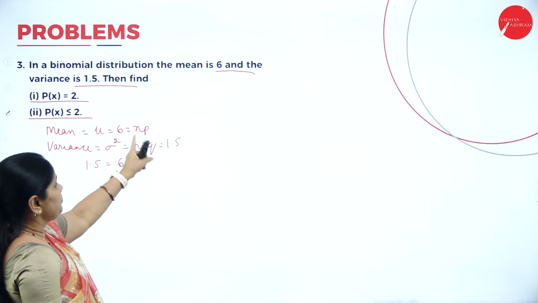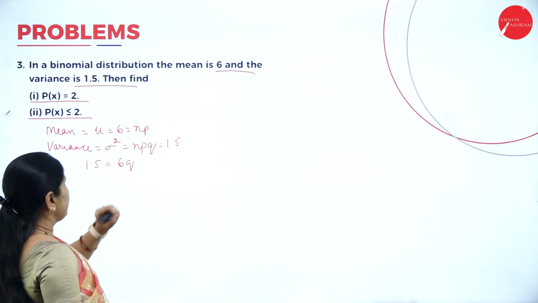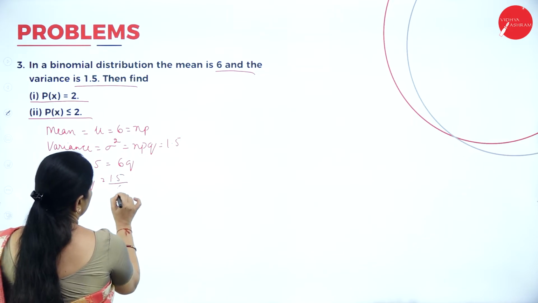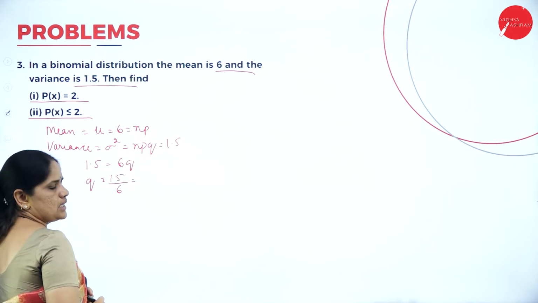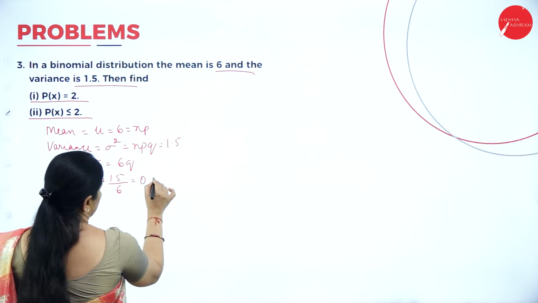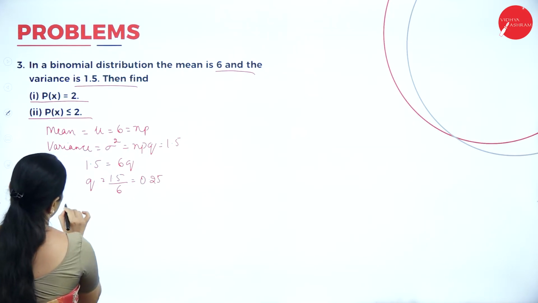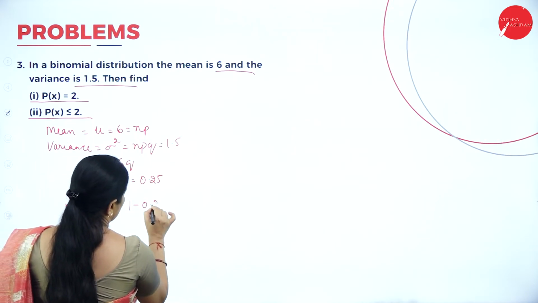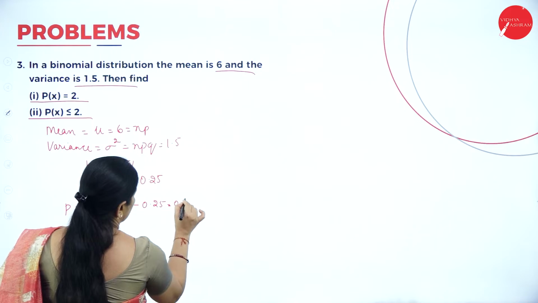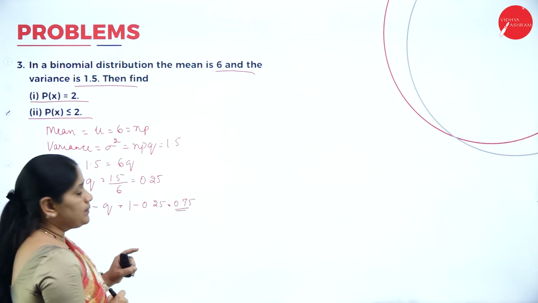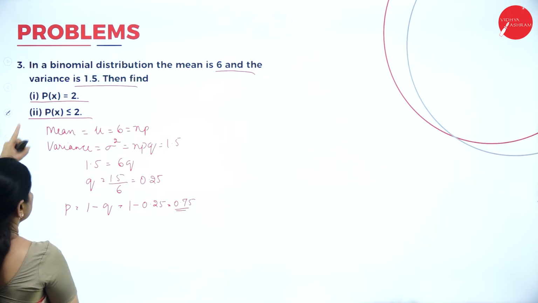Since np is 6, instead of writing np, I write 6 here. So q will be equal to 1.5 divided by 6, which is 0.25. P will be equal to 1 minus q, that is 1 minus 0.25, which is 0.75. Now we have to find P of x equals 2.